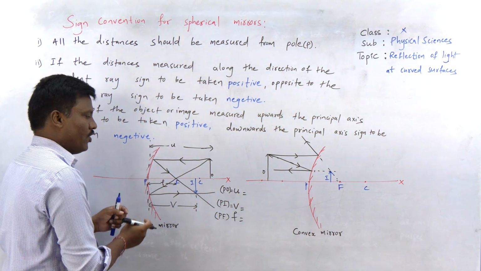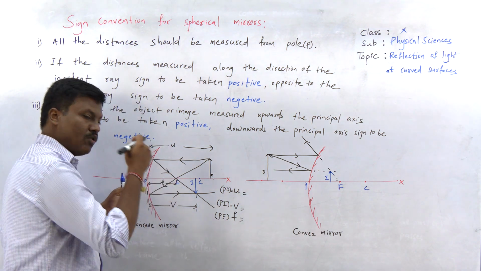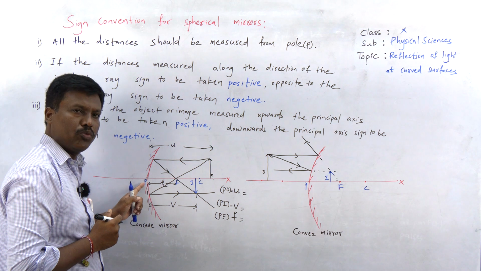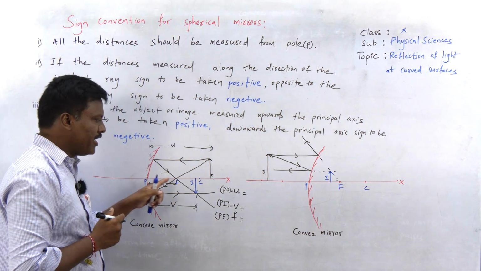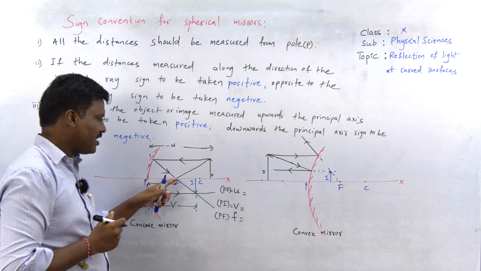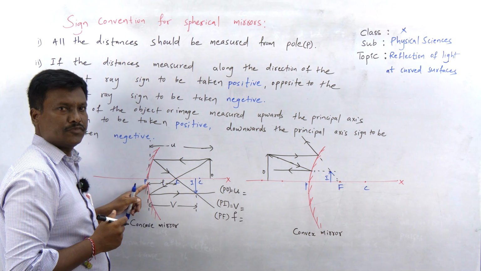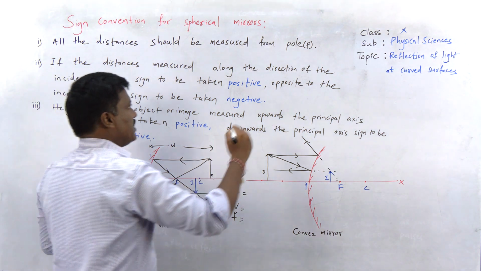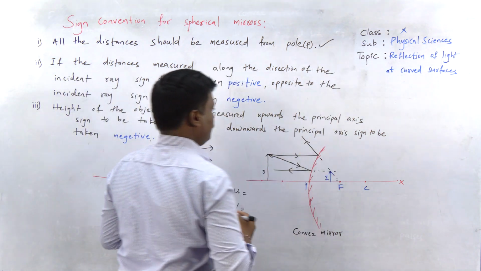While measuring this focal length, I have to start from the pole, moving from P to F, not from F to P. So this is rule number 1.